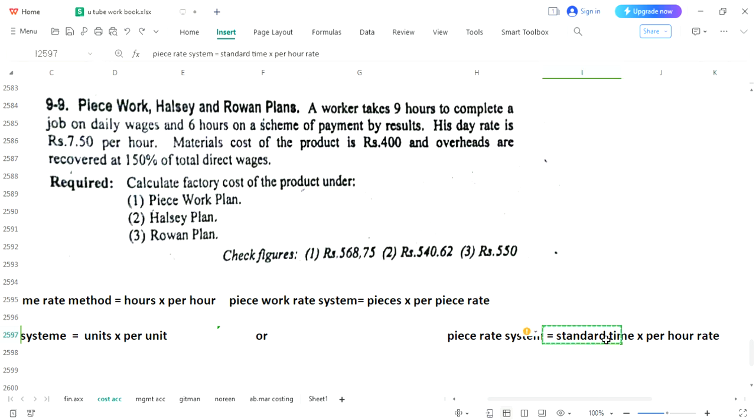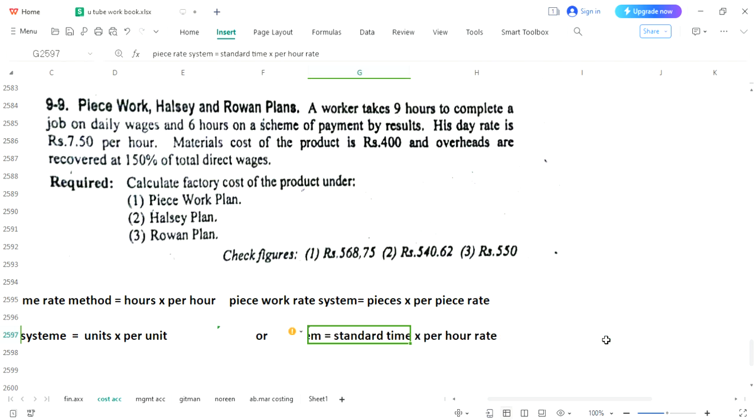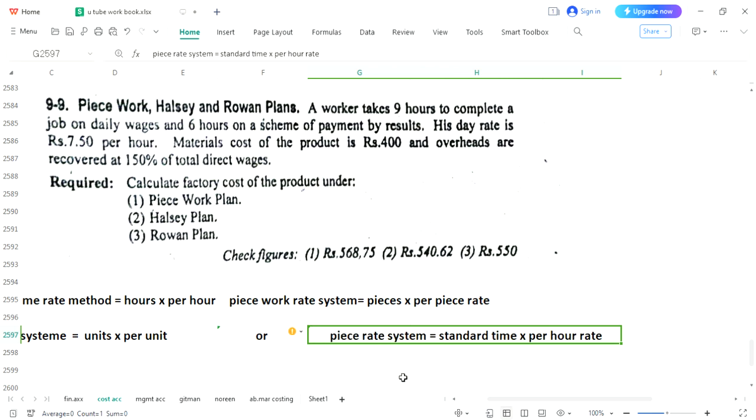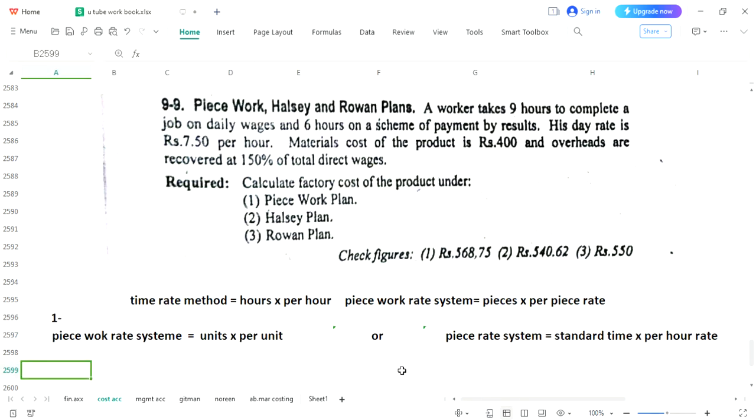So that is what, if in case you do not have... I was actually settling it, and it is not being settled. Let's settle it in a different way. Okay. So we were debating about the formula. The actual formula is units multiplied by per unit, and here you can see pieces multiplied by per piece. This is the original formula for the piecework rate system.